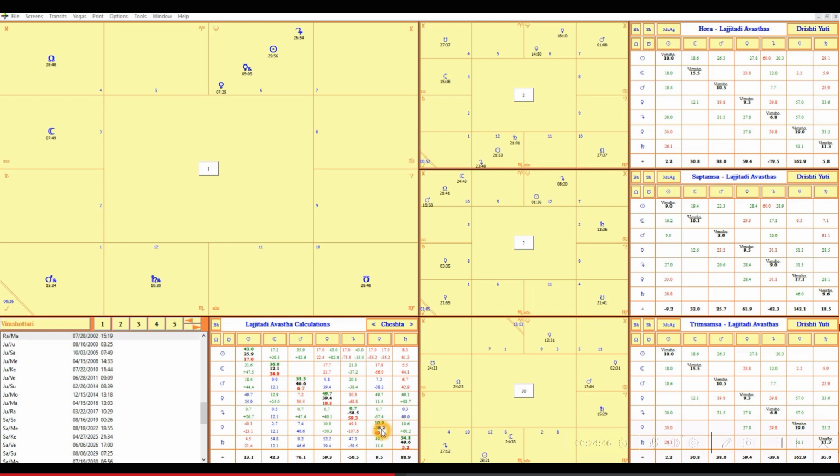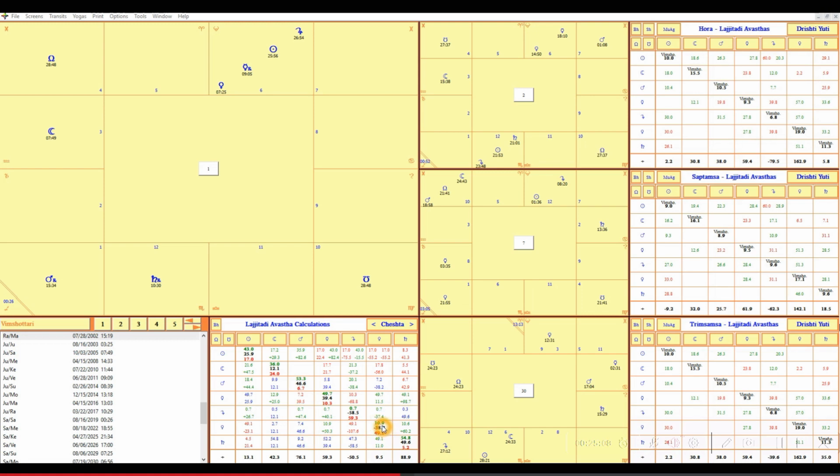With these 4 values, you always have the positive, and you always have the negative, which is the 60 minus the positive. So overall, Venus has 38.2 more negative points than positive points. Okay, so Venus starts with a deficit in Cheshtabala of 38.2 points.